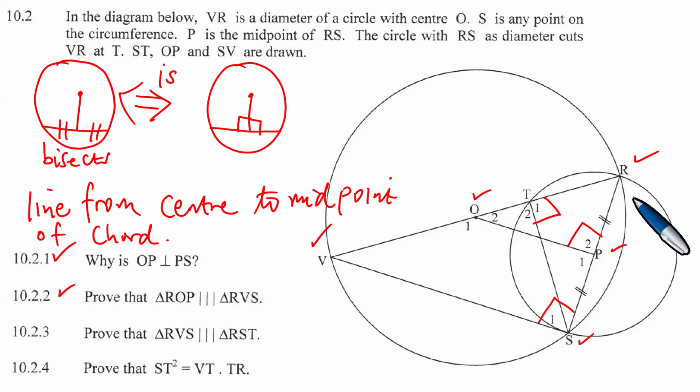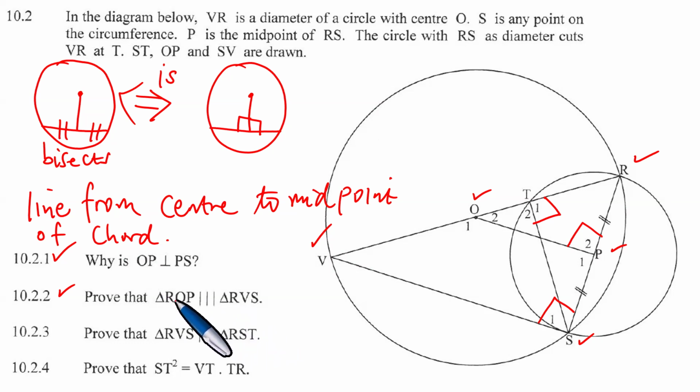Similarity means equiangularity. I just need to prove that the angles of this triangle are equal to the angles of this triangle. That's all. It's nothing strange here.